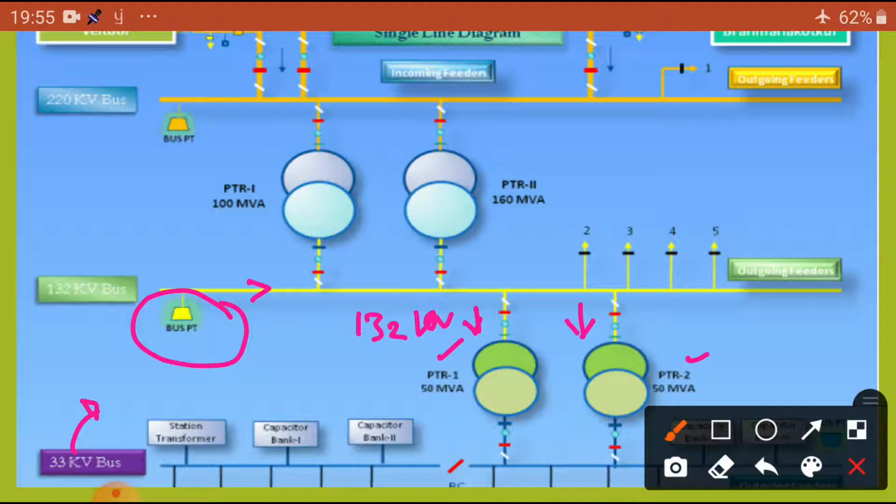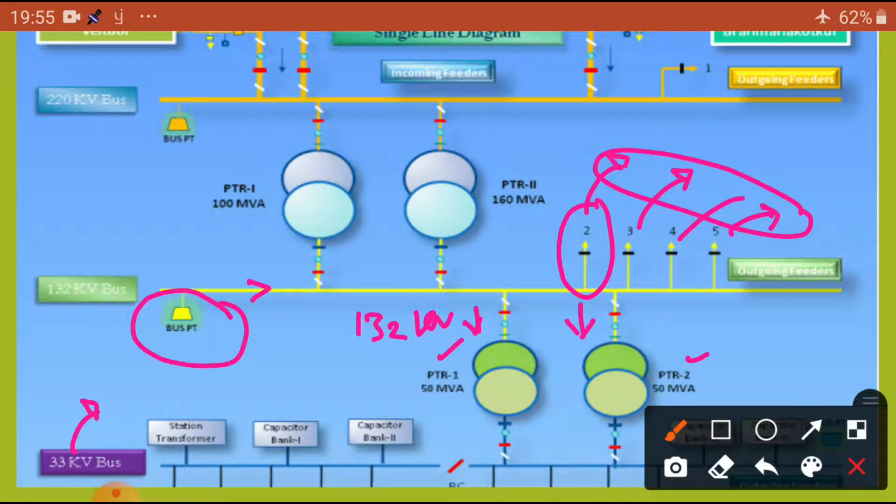At some places, for example where a railway system is required, another outgoing feeder goes directly to the traction system. And these are other outgoing feeders. So these feeders go directly to the nearby areas.